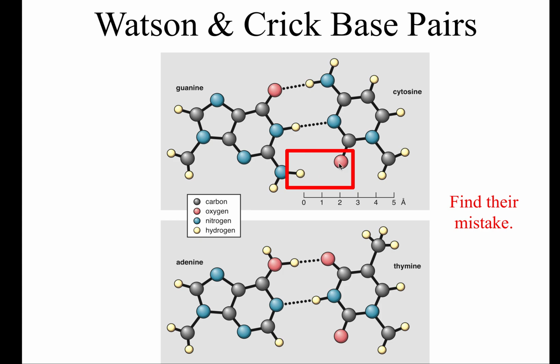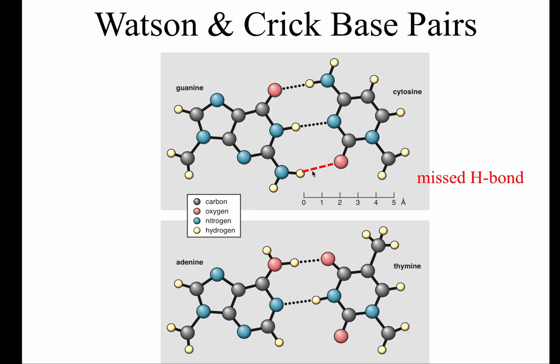In their original paper they didn't have 3 hydrogen bonds between guanine and cytosine, but indeed there are 3 hydrogen bonds between guanine and cytosine. All 3 of these atoms are within 2 angstroms, and indeed there are 3 bonds between guanine and cytosine, and 2 between adenine and thymine, because this last one is just too far apart. It's more than 2 angstroms. So that's too far for an extra hydrogen bond.